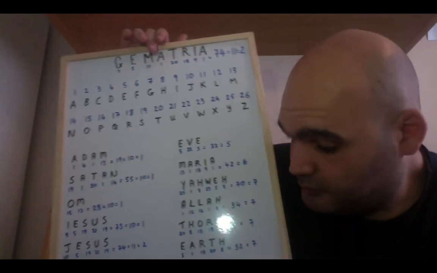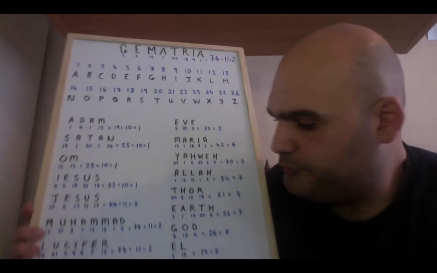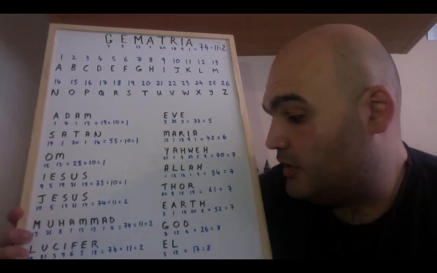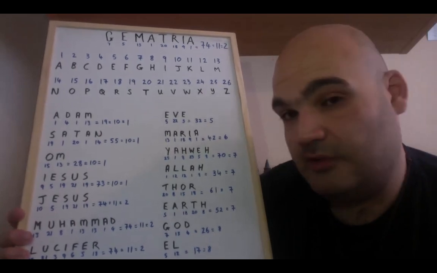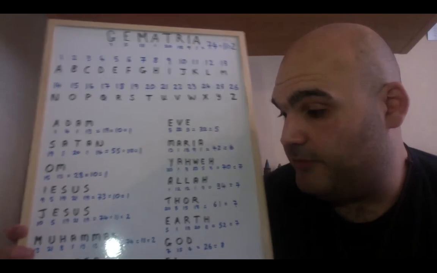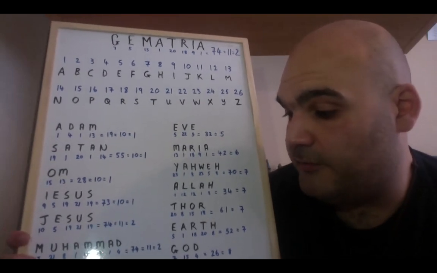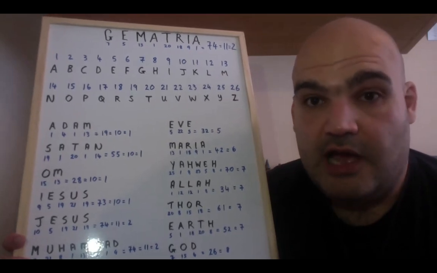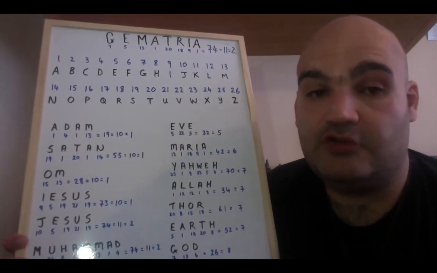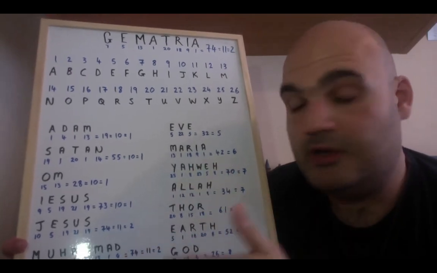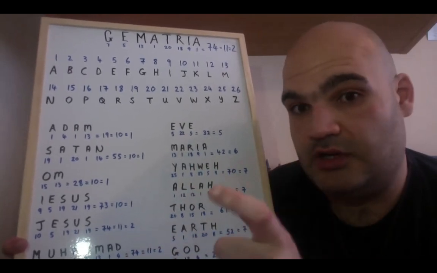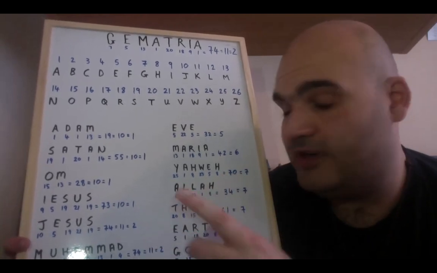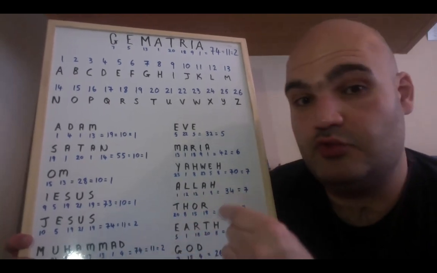Yeah. So moving on, we've got the word God, which comes to number 8, which is very interesting because, like I mentioned before, the Hebrew word for tetragrammaton is Yod He Vah, the 4-letter name for God, and that word in Jewish gematria comes to 26, and the digital root of 26 is 8.